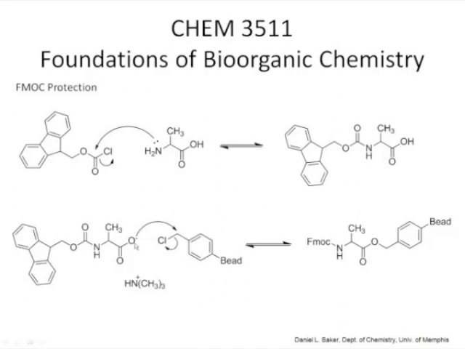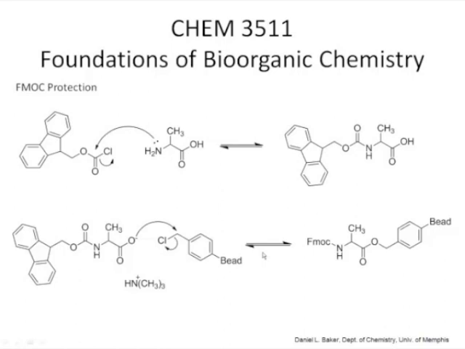At this point, then, we can use the fact that if we deprotonate the carboxylic acid, we get a carboxylate that can react with this benzyl halide to give us our ester-linked amino acid to the bead. Remember, this is our carboxy terminal residue, right? So we've got amino terminus, amino group, alpha carbon, side chain, carboxylic acid. So this is the free end. We're going to be building off this direction.